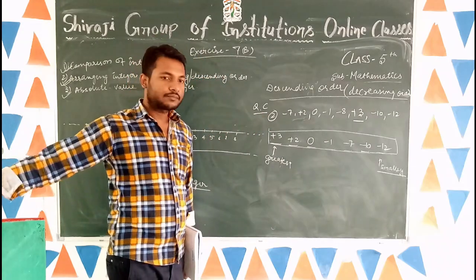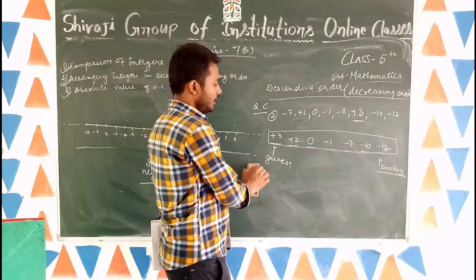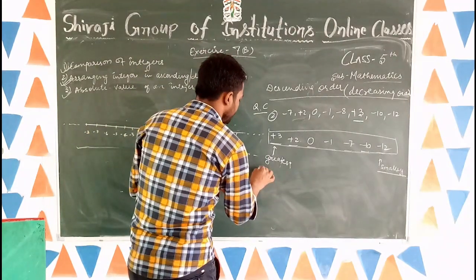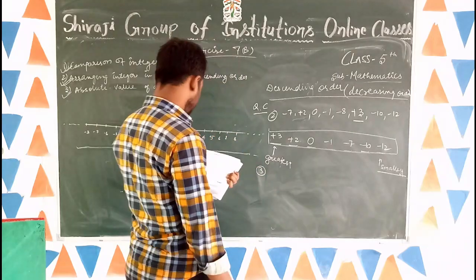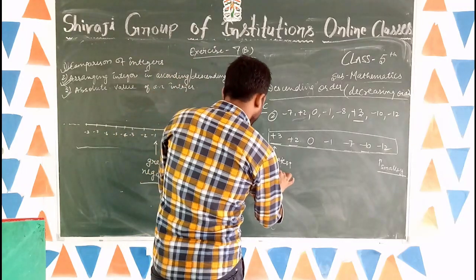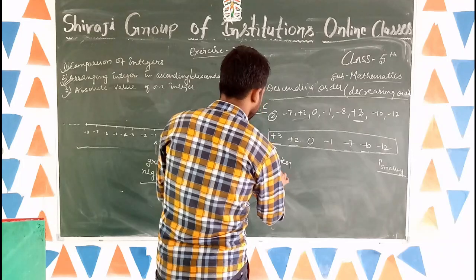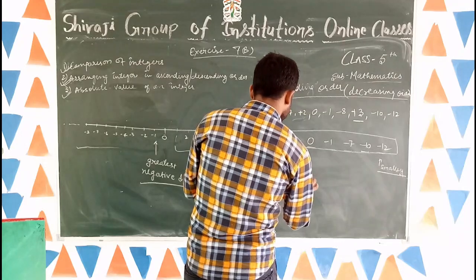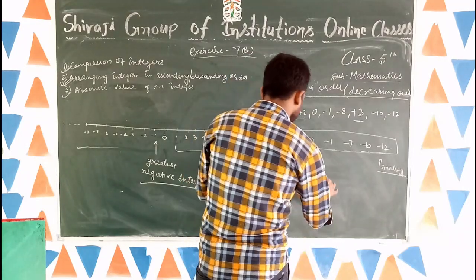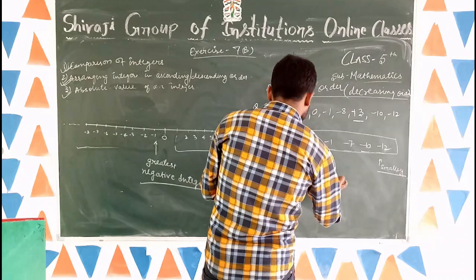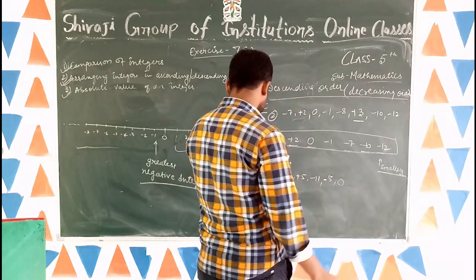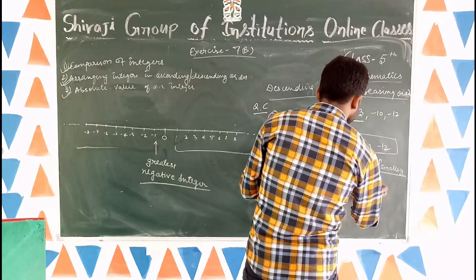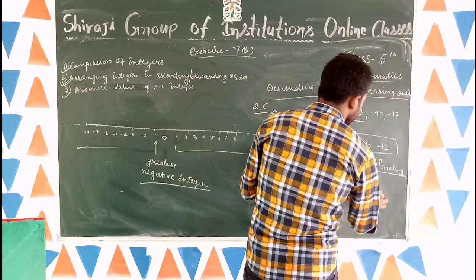Okay students, now solve question number 3 of this part. Minus 12, minus 2, plus 5, minus 11, minus 5, 0, plus 2 and minus 18.